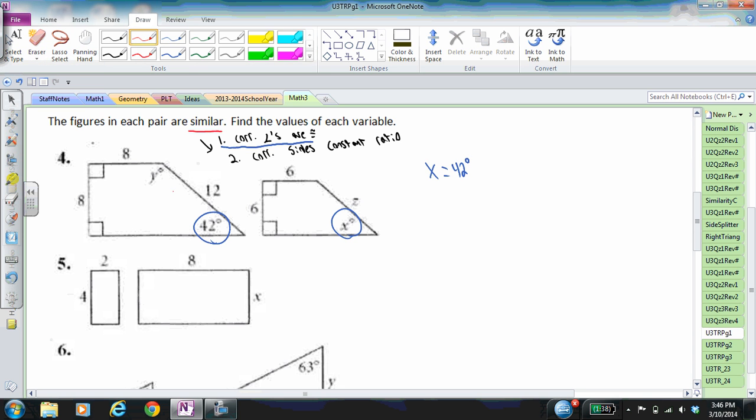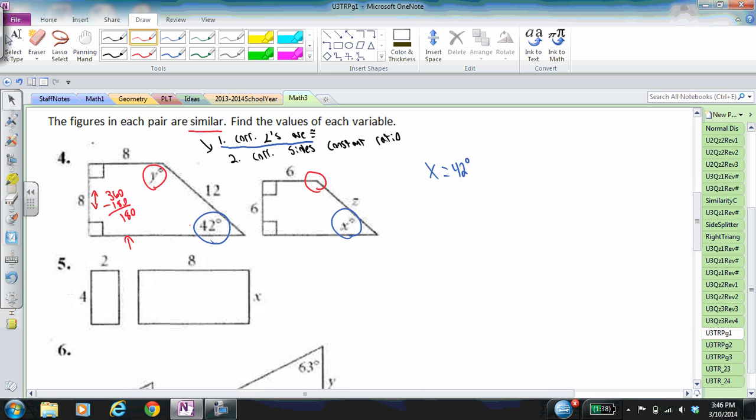Now, y is a corresponding angle with this angle right here. So with a bit of work, we can figure out what that is. In any quadrilateral, you know it has to be 360 degrees. So let's look at this figure. We have 360, 90, and 90, so we subtract 180. So that's 180.